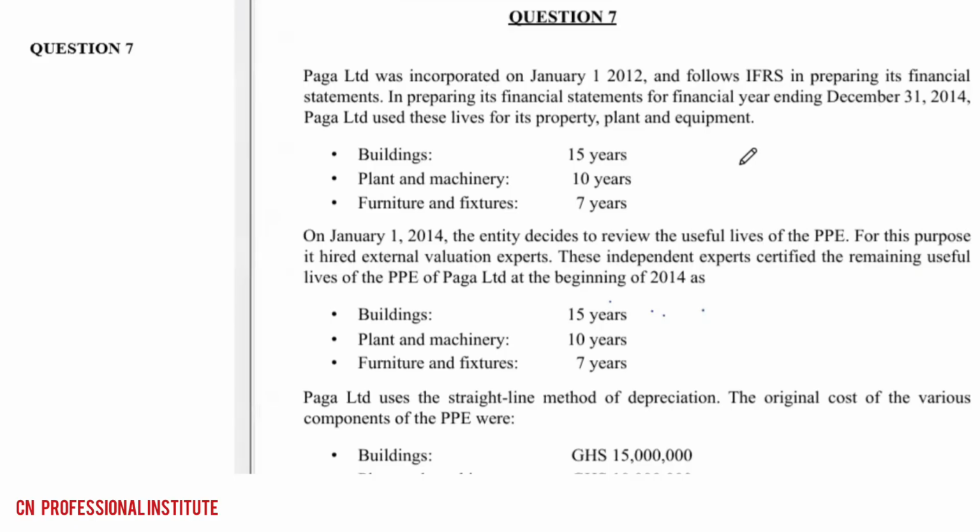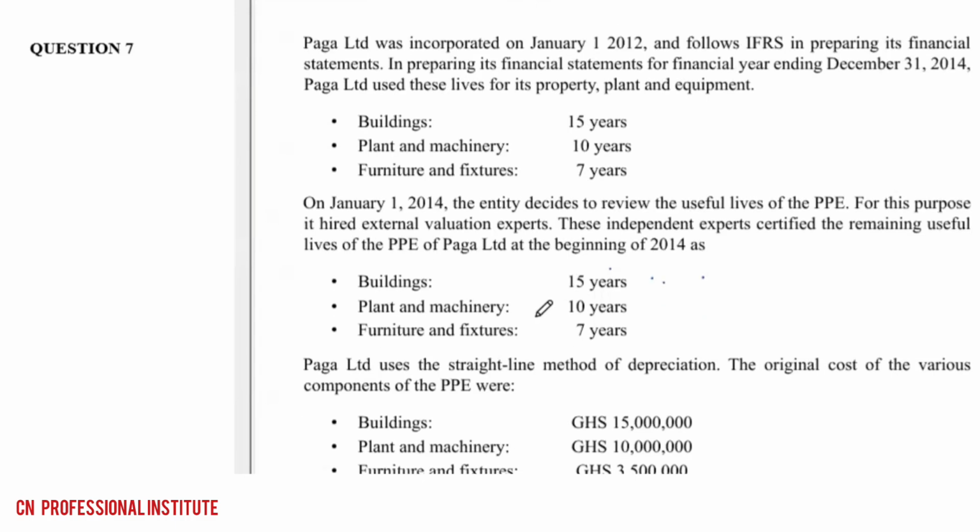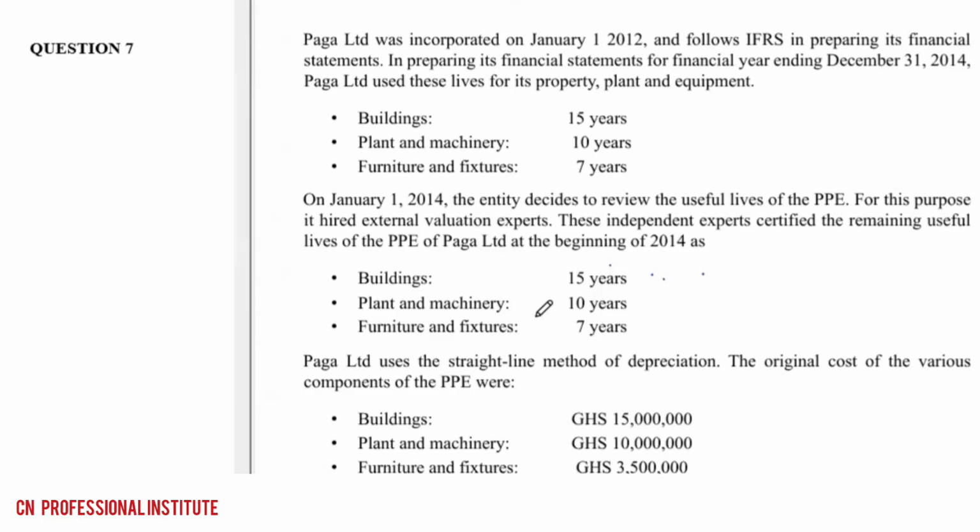On 1st January 2014, the entity decides to review the useful lives of the PPE. For this purpose, it hired external valuation experts. These independent experts certify the remaining useful lives of the PPE of Paga Limited at the beginning of 2014 as follows. So buildings 15 years, plant and machinery 10 years, and then furniture and fittings 7 years.